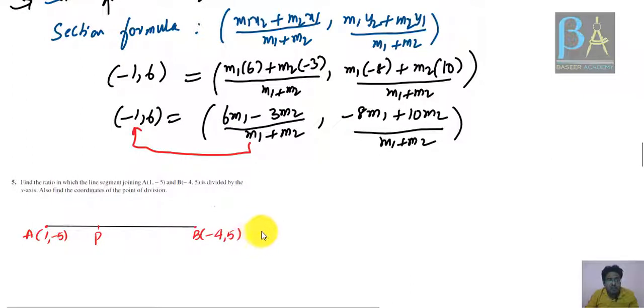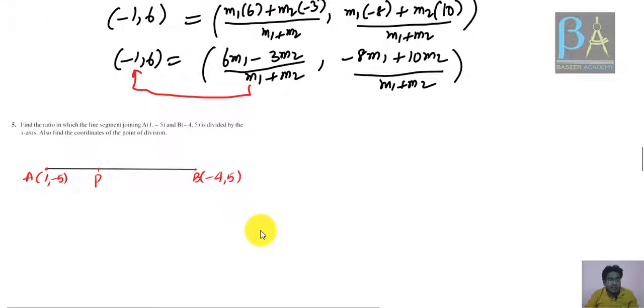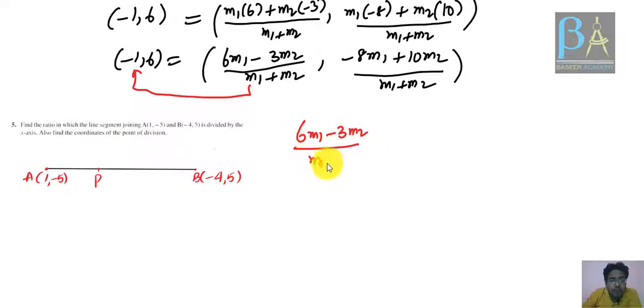Then what am I going to get? So (6m1 minus 3m2) by (m1 plus m2), that's going to be equal to -1. I have equated the x coordinates, but you can equate the y coordinates also, it is your personal choice.